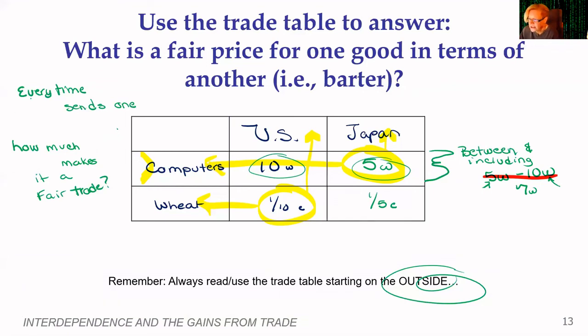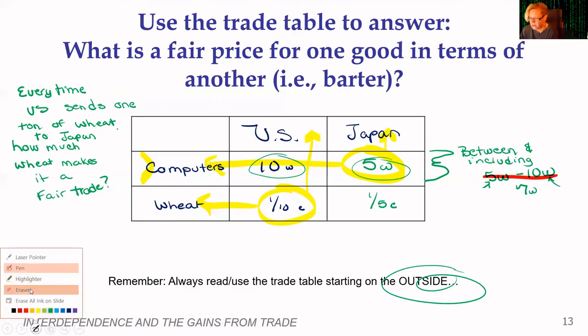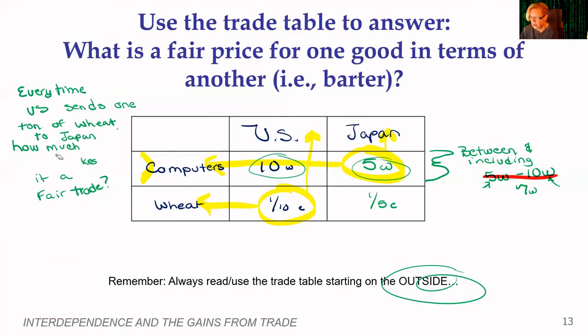Okay, so every time the US sends 1 ton of wheat to Japan, how many computers will it take to make this a fair trade? The English is bothering me on that one.